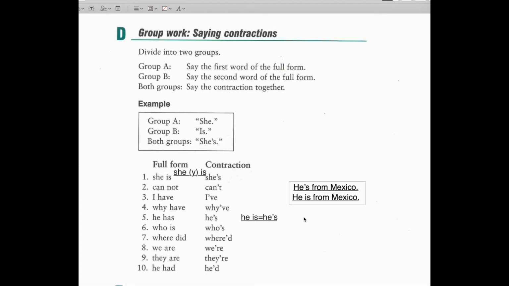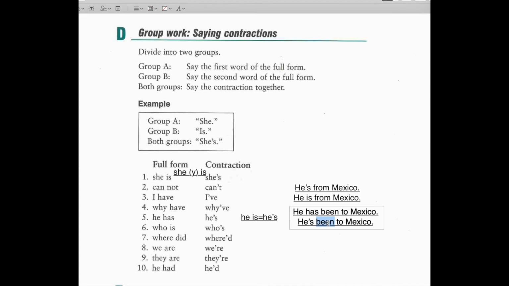When it comes to he has, generally we use this contraction when we use the present perfect. So for example, if I said he has been to Mexico, then when we contract, he's been to Mexico, the difference of course is in that participle, been.